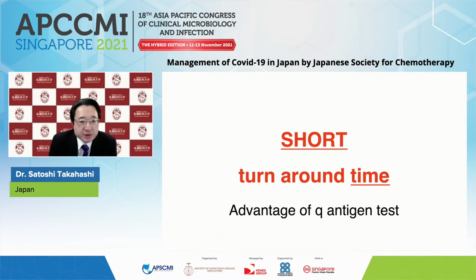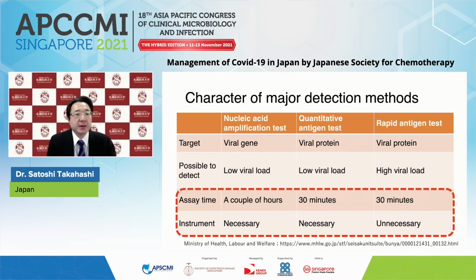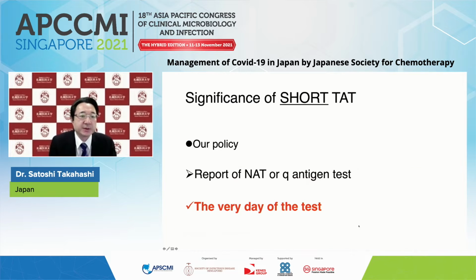First, short turnaround time. Turnaround time means from receiving the sample to the report. The assay time is 30 minutes for the quantitative antigen test. It's similar to the rapid antigen test, but we need an instrument for the quantitative antigen test.